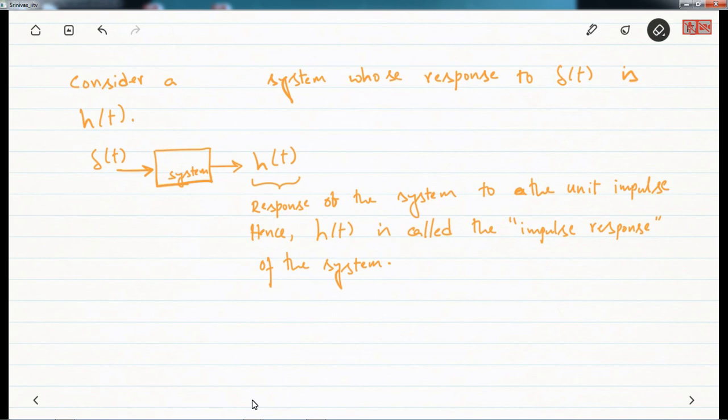Consider a system whose response to delta of t is h of t, then h of t is called the impulse response of the system. We simply have a system whose output is h of t whenever we give delta of t. So h of t is called the impulse response of the system. There is nothing to do with linearity, right?